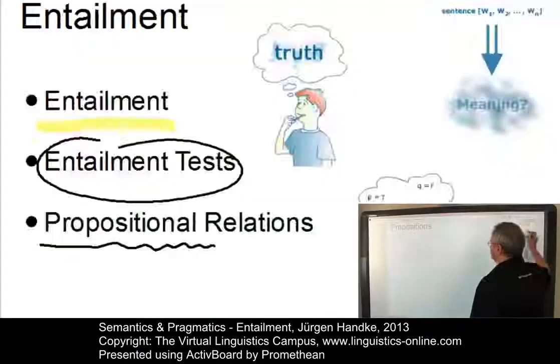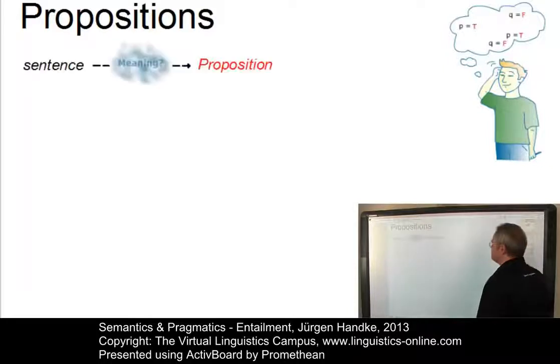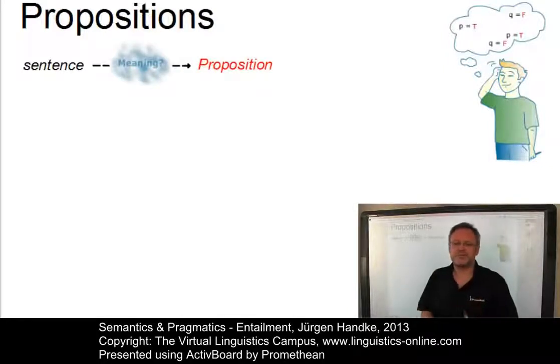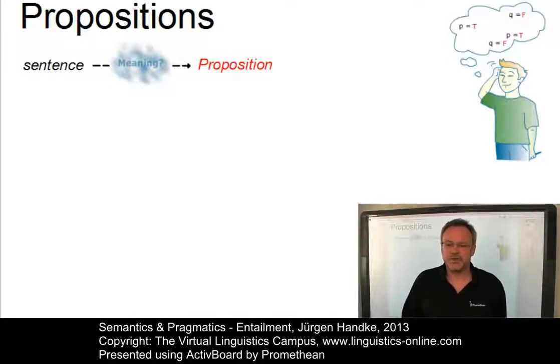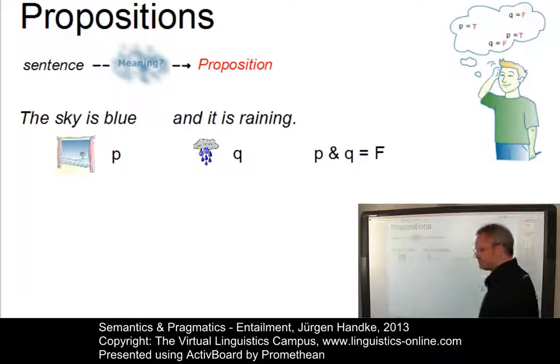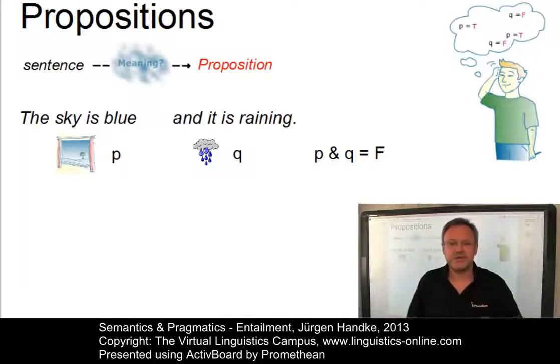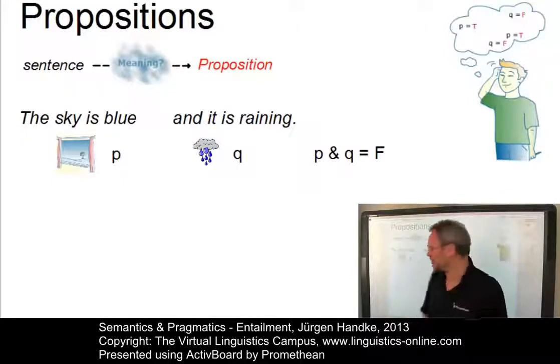As you may recall, the essential idea behind propositional logic is that we now have a mechanism of defining sentence meaning in terms of the truth value of its propositions. For example, the complex proposition P and Q, the sky is blue and it is raining, must be false according to our understanding of the world.